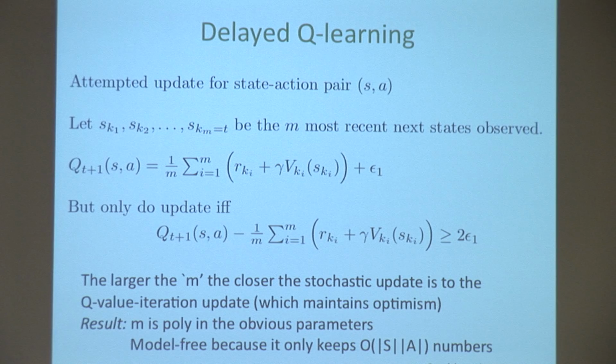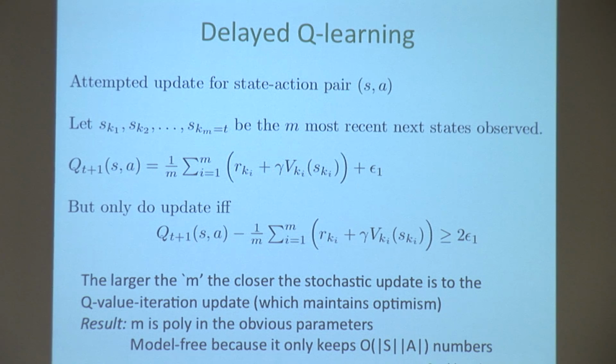So V is max over all b of Q, right? The value of a state is the best value over all actions in that state. Okay, so you just keep track of all of these. And then when you've seen m, you make an update. But you don't just make an update with the average of the one-step discounted look-ahead value. You also add an epsilon 1.